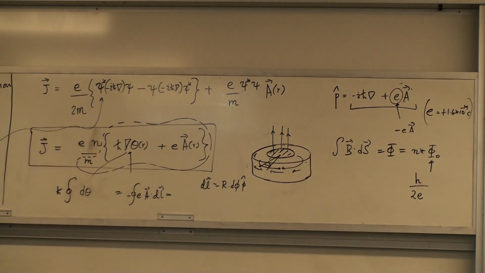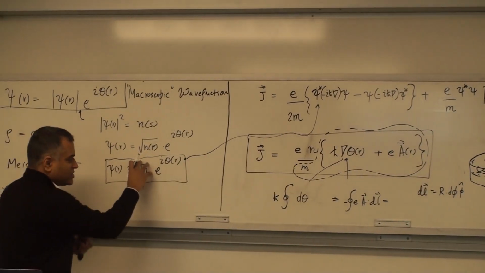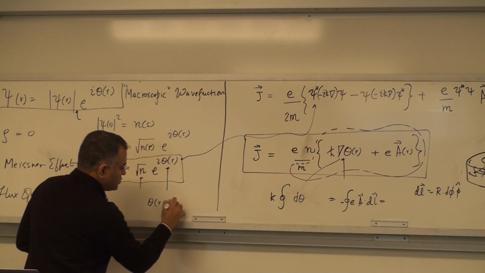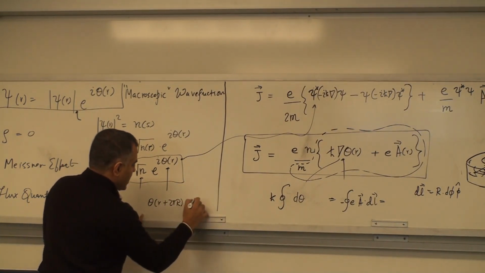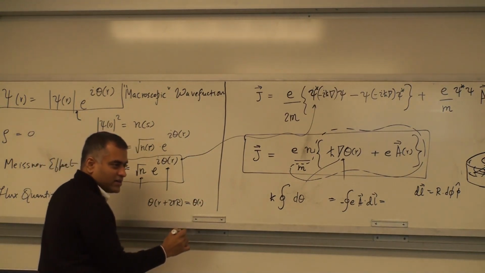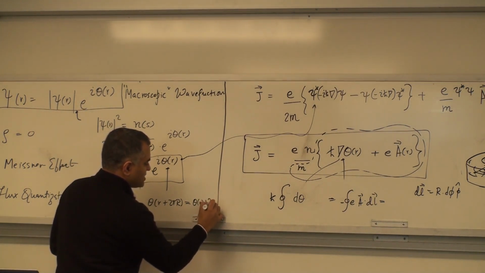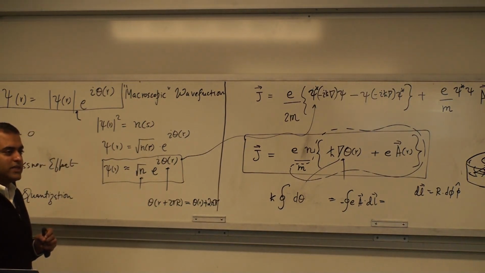How can I ensure that? My carrier density is not changing. Therefore, when I go around 2 pi times big R, theta must come back to what it was initially, or I can still maintain the same wave function as long as I add an integer n times 2 pi. Still okay, right?